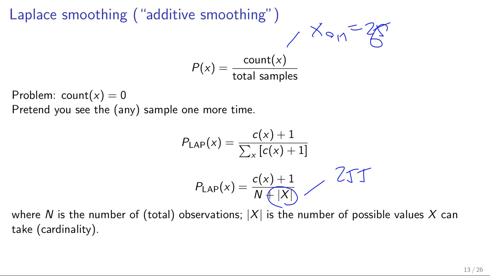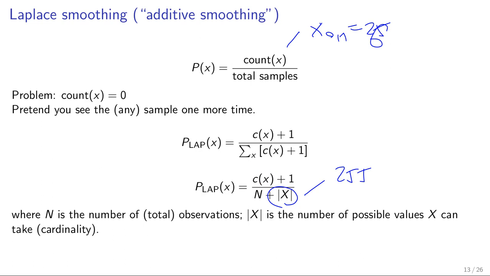So that's the number of all of the intensity values, the cardinality of that, and so you do it like that.